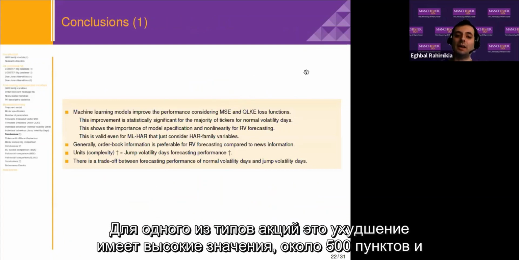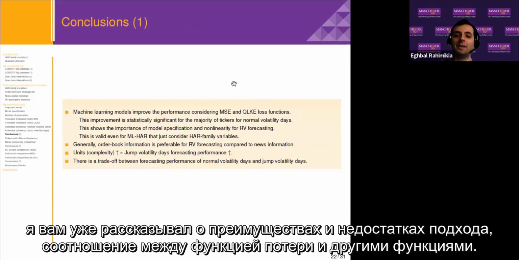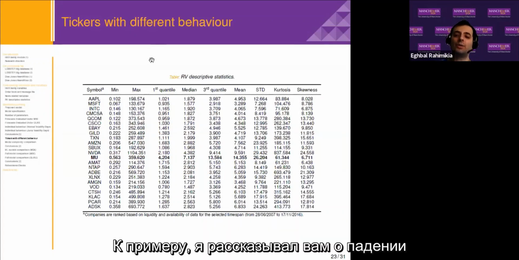Later in our paper, we talk about why this is happening, and the trade-off between loss function and everything. Just as one example, I'm talking about that ticker with high degradation.